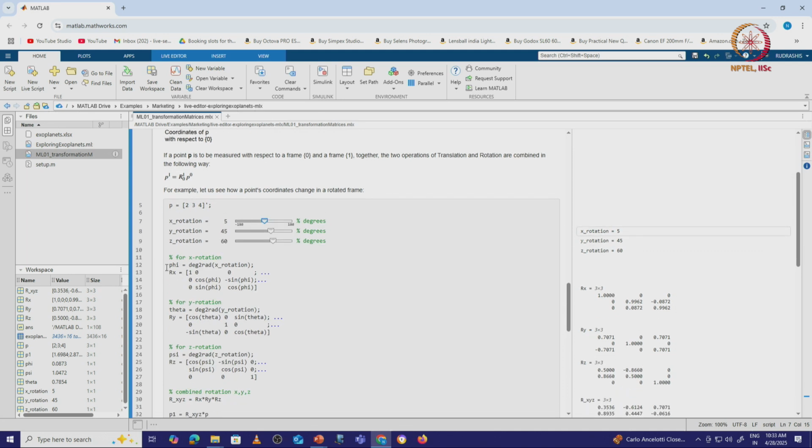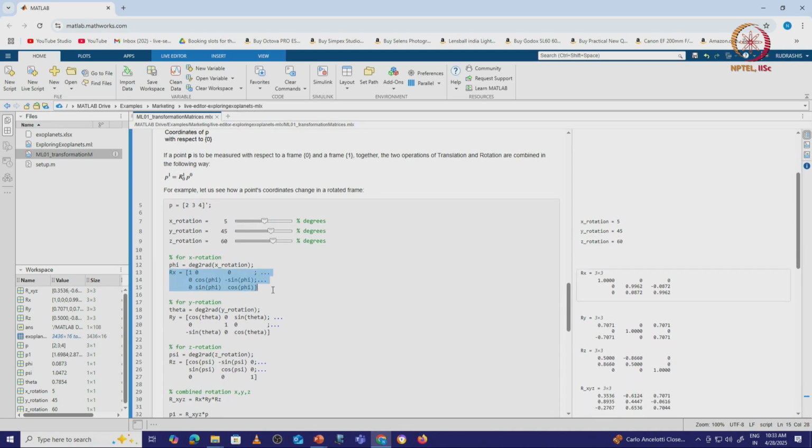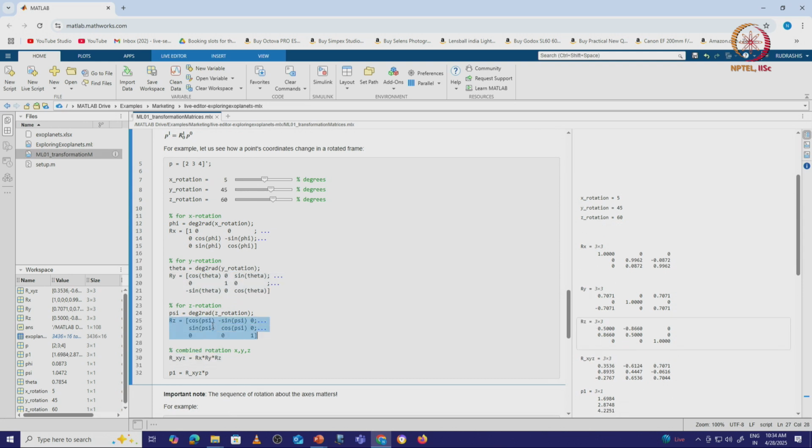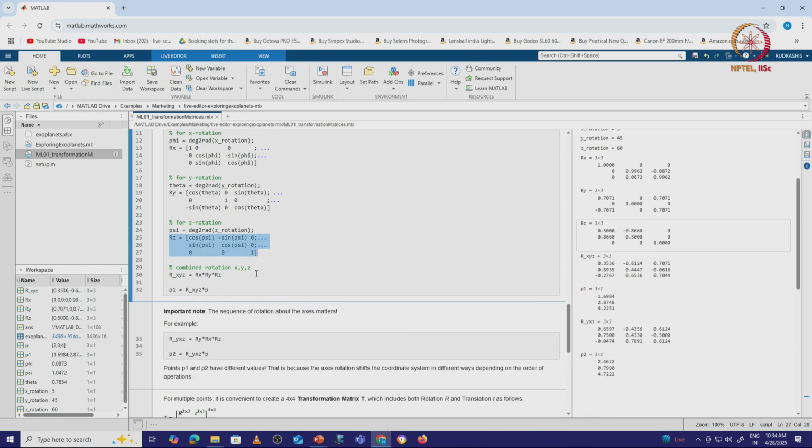Here Rx, with first row 1, 0, 0, is the rotation about the x axis. Ry is the rotation about the y axis, which is why the second row of the matrix is 0, 1, 0. Rz is the rotation about the z axis, with third row 0, 0, 1. I am using these to get Rxy, the combined rotation due to x, y and z.